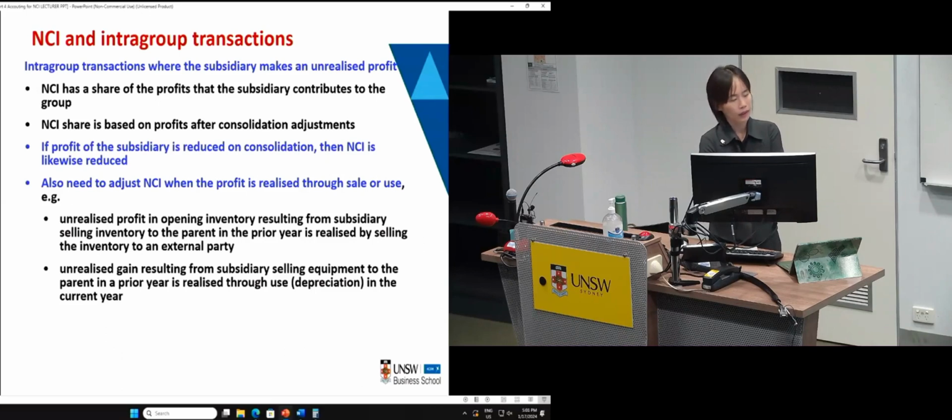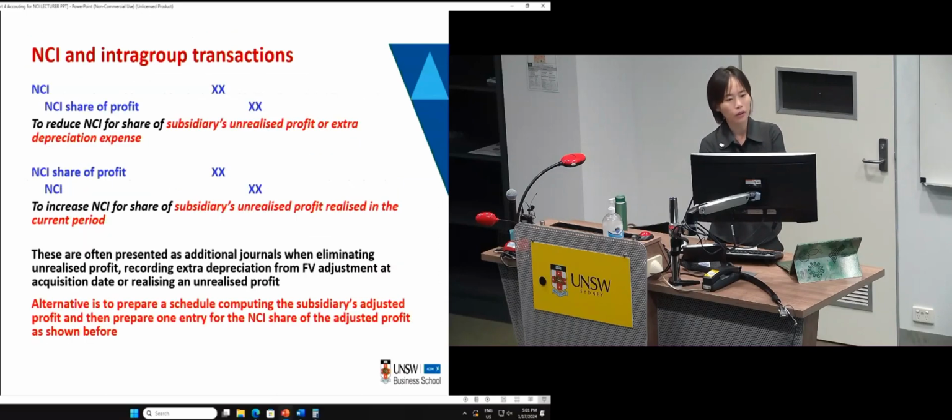Now, if it's a transferred PPE and the unrealized gain is initially recorded in the subsidiary's accounts, this unrealized gain will be realized progressively through the use of the asset, by adjustment of the depreciation. We're going to show you an example to demonstrate this adjustment in the worksheet.